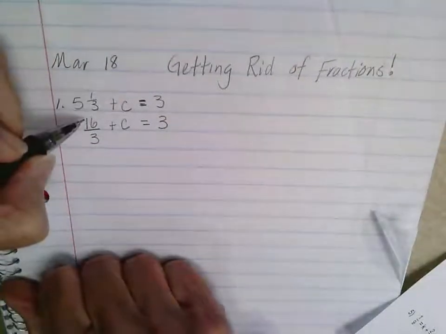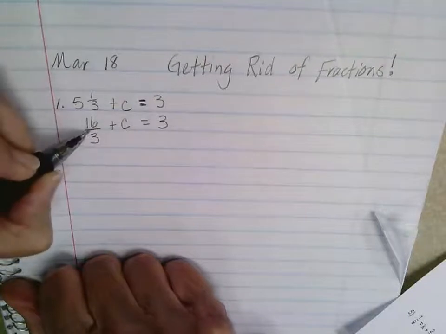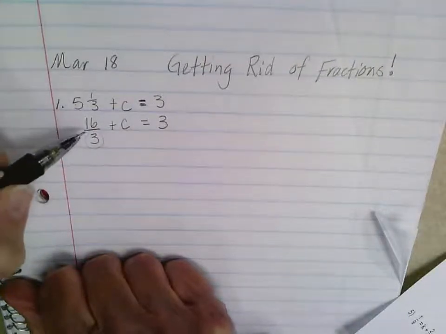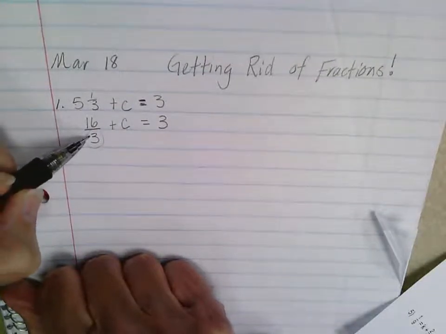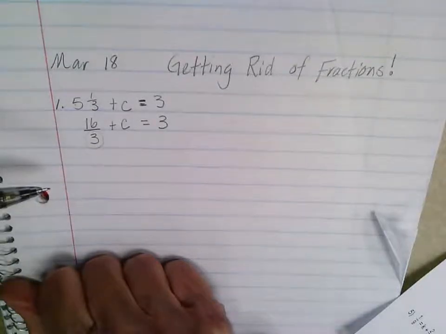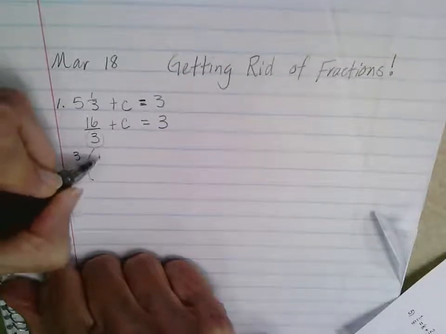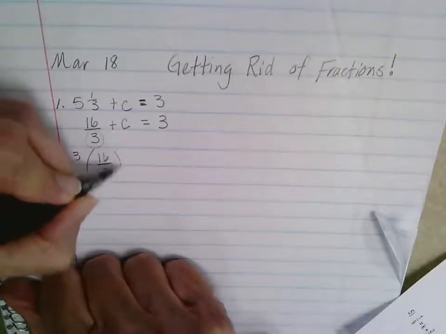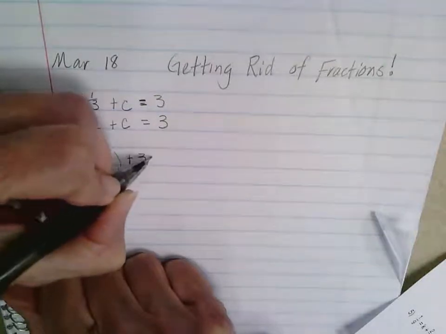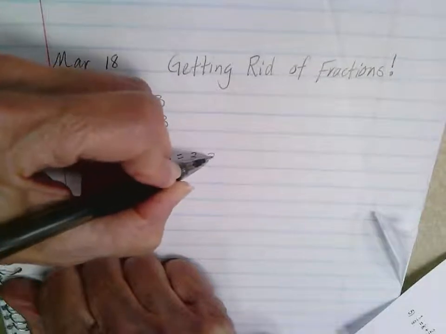So what I'm going to do is multiply every single piece by the denominator. And the reason I'm just using the denominator here is because I do not have any other fractions anywhere else. So I'm going to write 3 times 16 over 3 plus 3 times c is equal to 3 times 3.